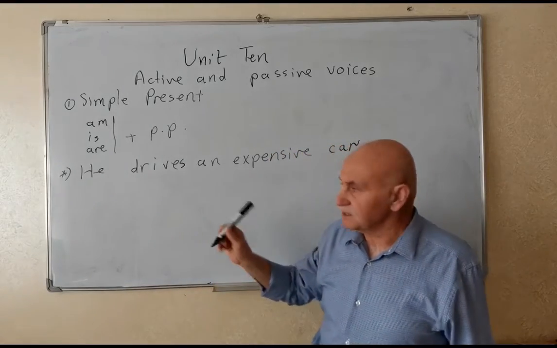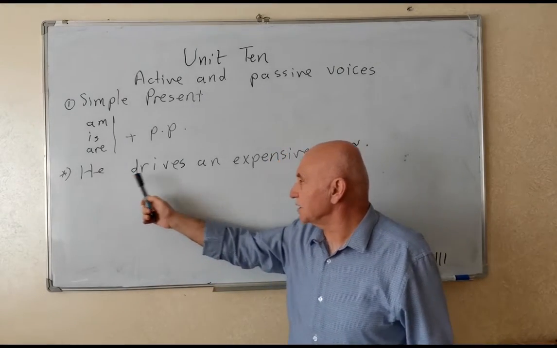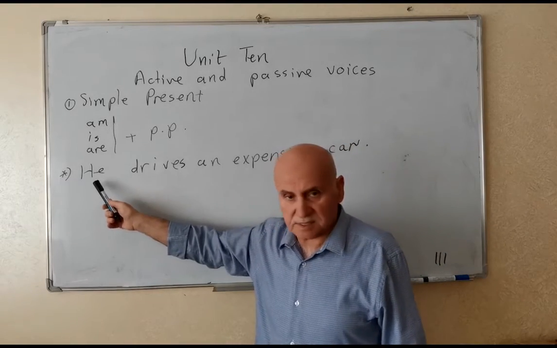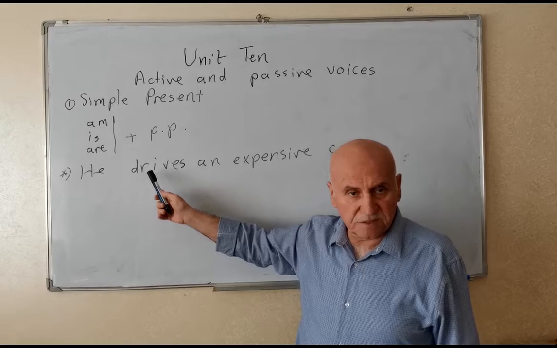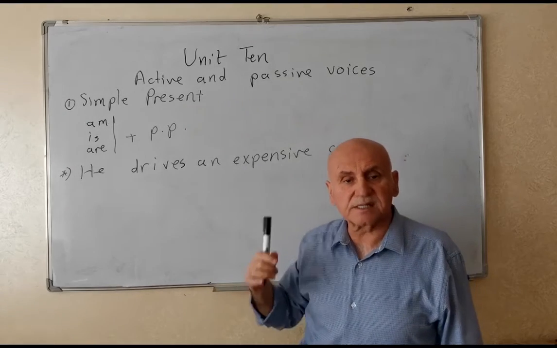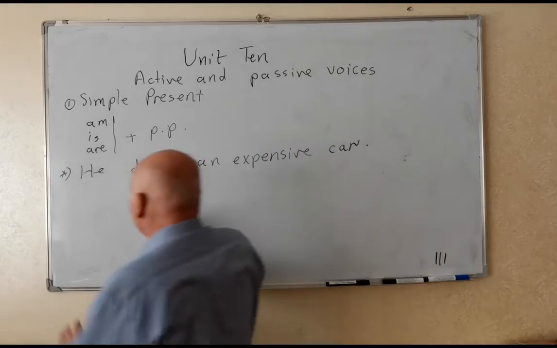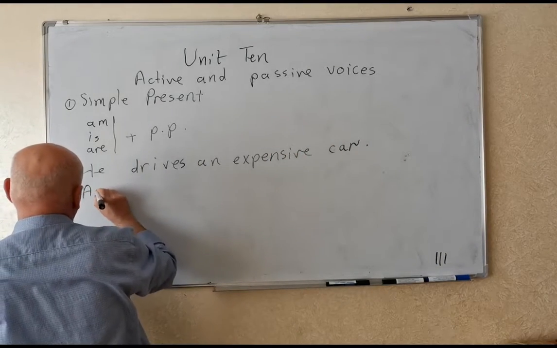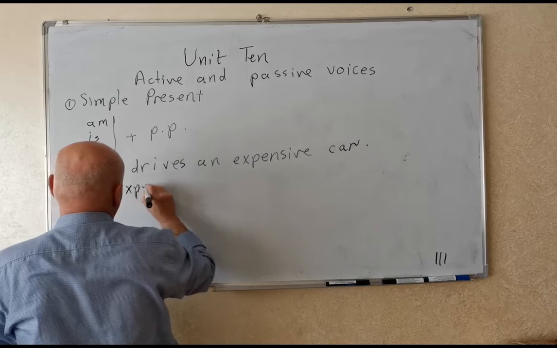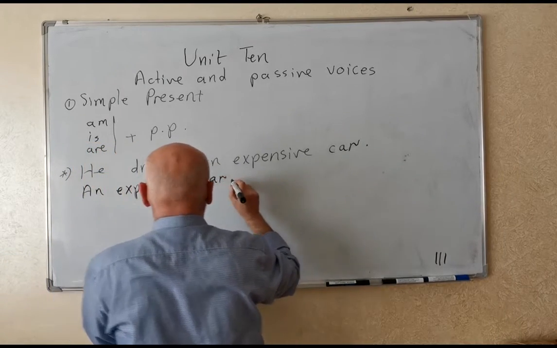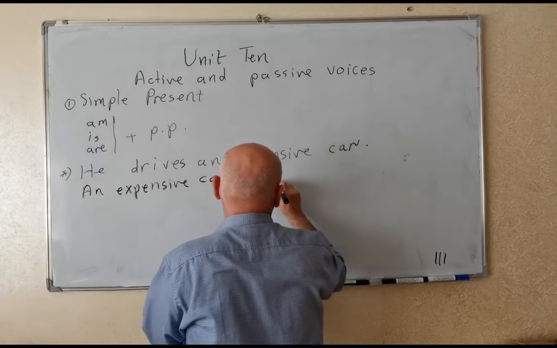This sentence is in the active form. He is the subject, drives is the verb, an expensive car is the object. We want to change it into the passive form. An expensive car is driven.